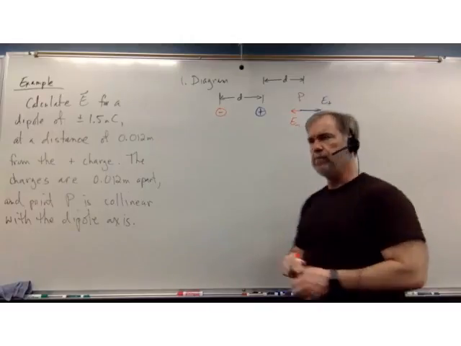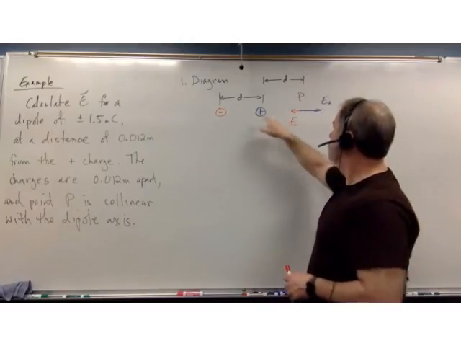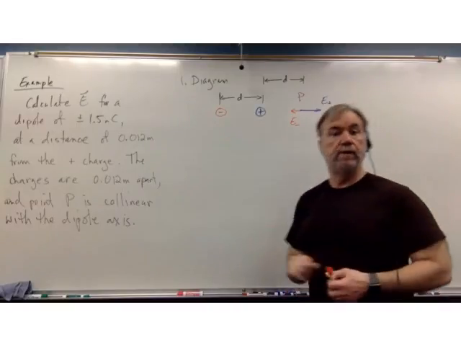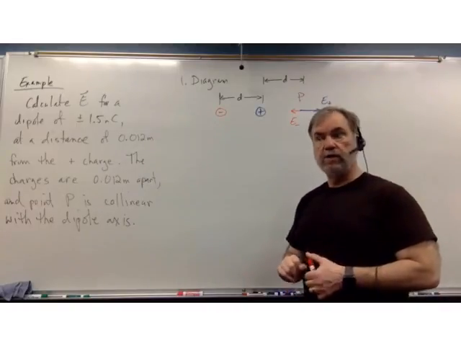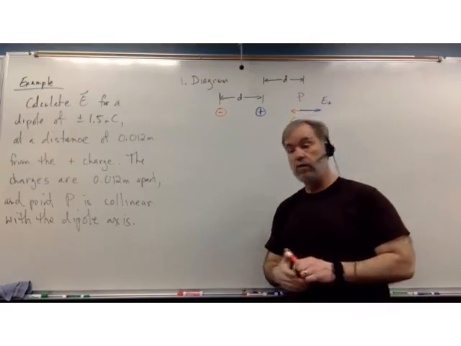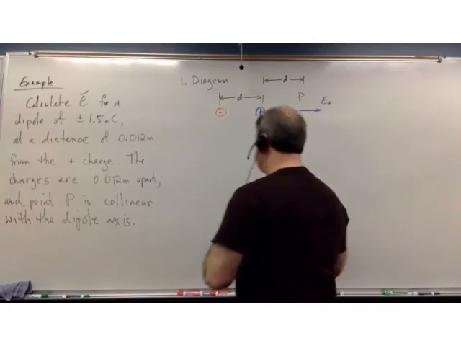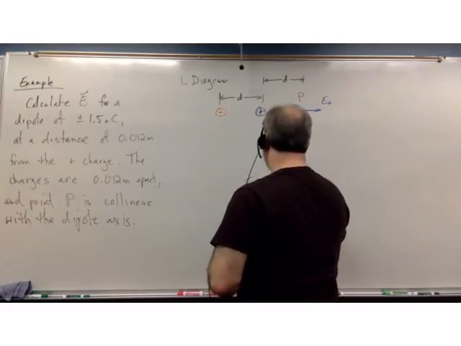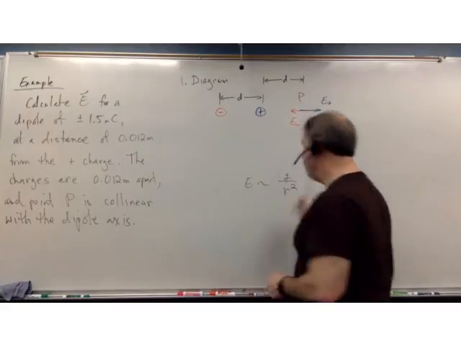Okay? You might think, but why not? The distance that point P is from the negative charge is exactly double the distance from the positive charge. So since you double the distance, shouldn't you halve the field? The answer is no, because remember, the electric field goes like Q over R squared, right?